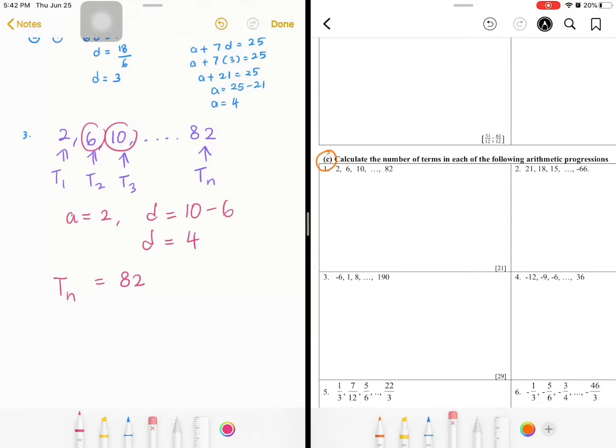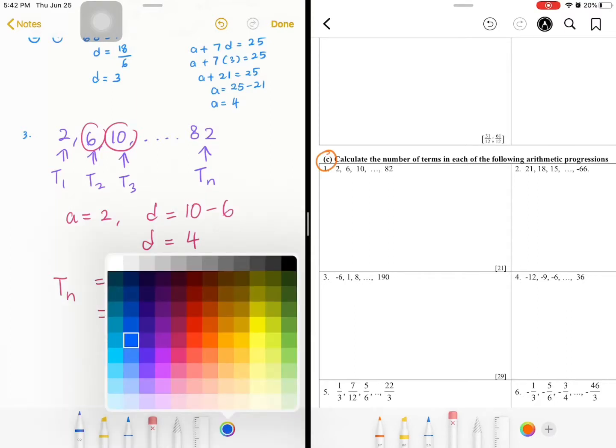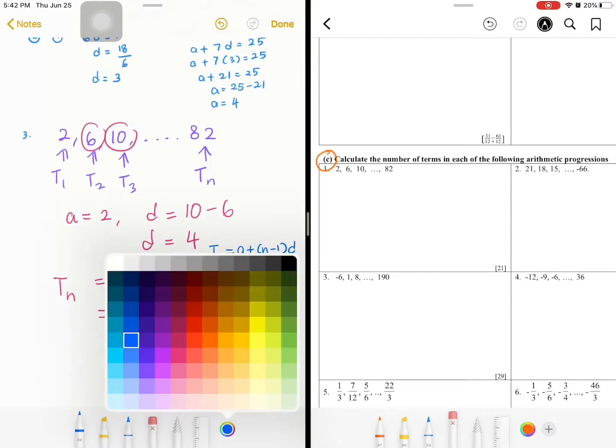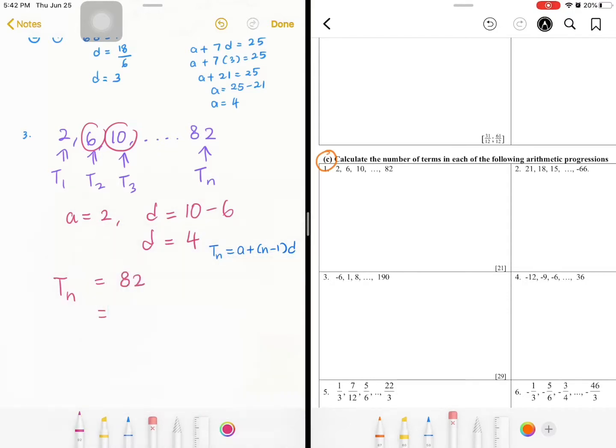Using the formula of arithmetic progression, Tn is equal to A plus n minus 1 D. So our A is 2 plus n minus 1 because we still don't know our terms, D is 4, equals 82. Now we can solve what is our n.